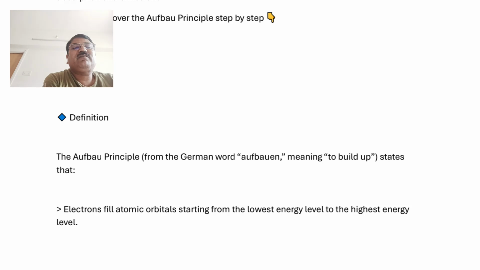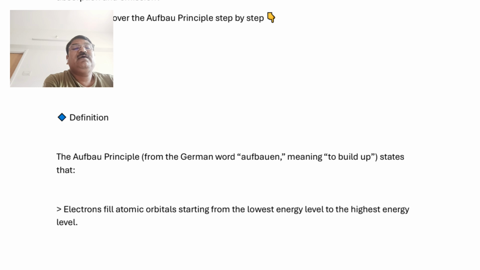This principle, Aufbau principle, explains filling of electrons in atomic orbital is always starting from lower energy level to higher energy level. How the electrons are filled in the atoms with their number of electrons.